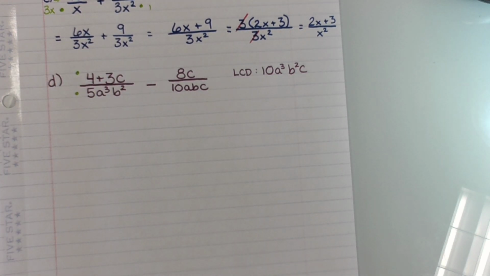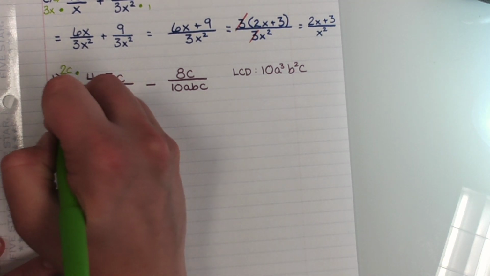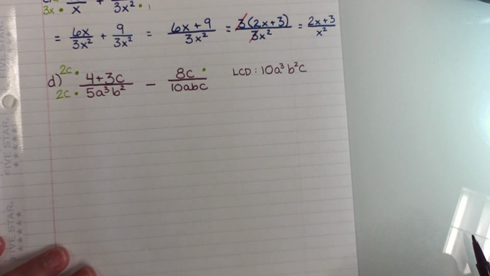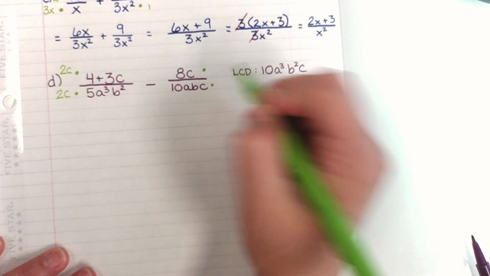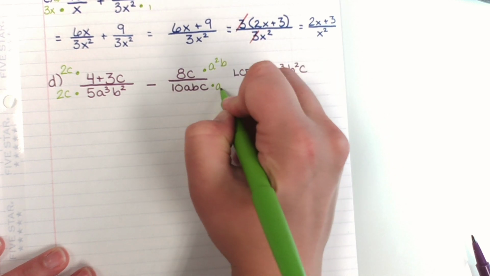What am I multiplying by the first one? 2c. Second one? a squared b.